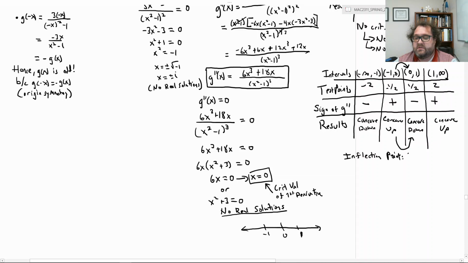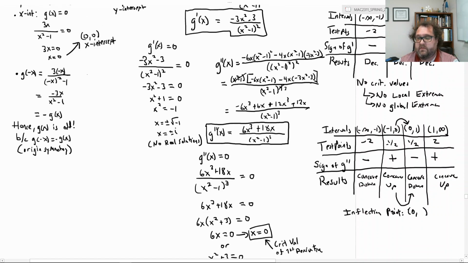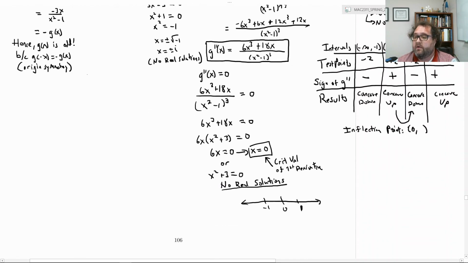It is 0 comma something, but I think we already have seen 0 comma something. It's our x-intercept and also our y-intercept. So it turns out that that's also the inflection point, the only inflection point of this function.